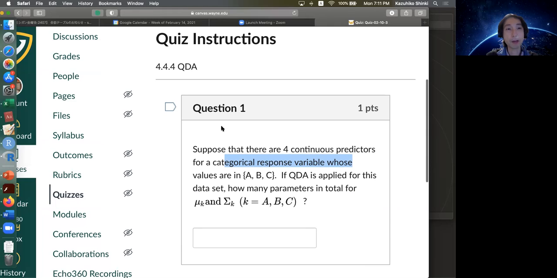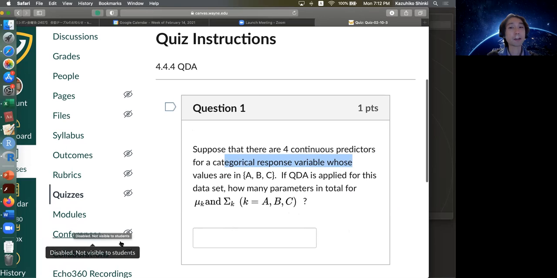Right? So 4x4 is 16, but except for the diagonal, the lower triangle and upper triangle have the same information. So we have in total 6 parameters in, for example, the lower triangle, and 4 parameters on the diagonal part, right? So in total we have 10.